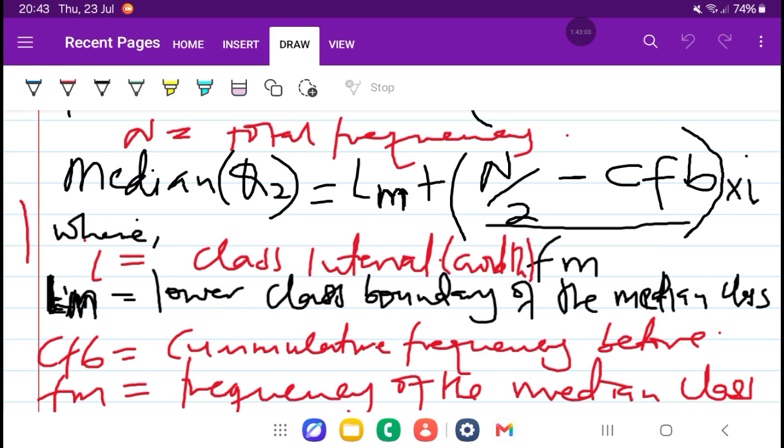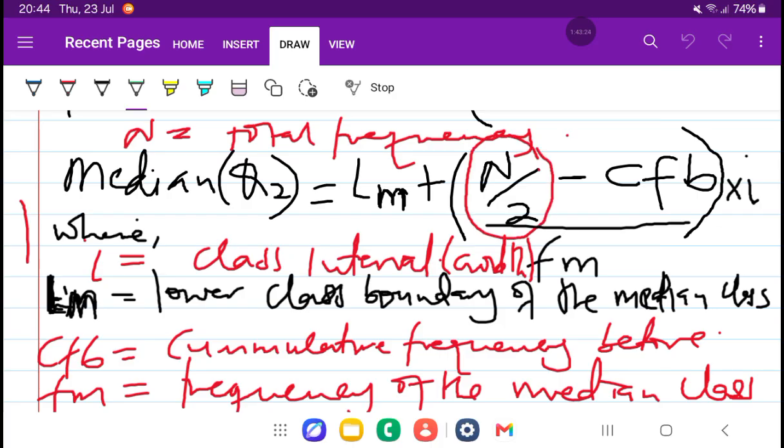Now, if we are looking for the Q3, still we use the same formula. And what changes is only this part here.